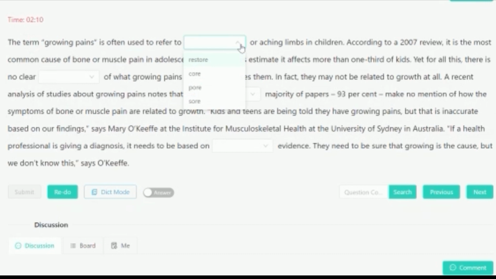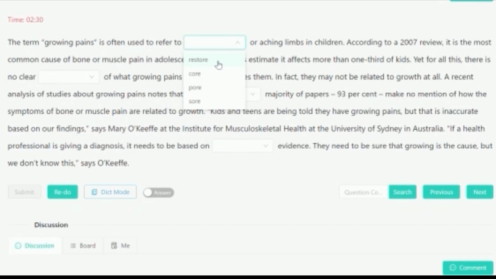Okay, so the right option here, looking at the term they have used here and the context of all the words they have used here, the best option would not be restore, because the term growing pains is often used to restore or aching limbs in children.